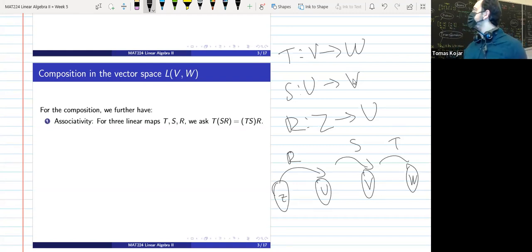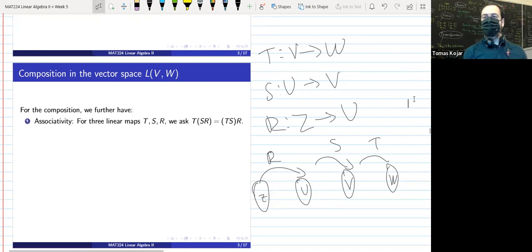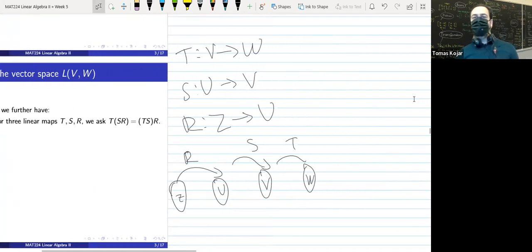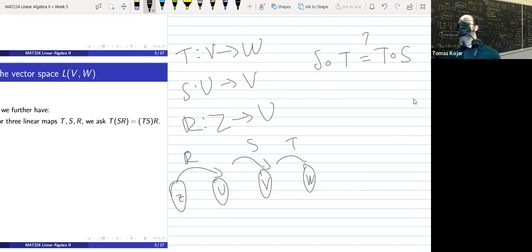Everything is the same as what you've seen in calculus, in how compositions work. So for example, let me ask you a question. It's kind of stupid. Is this true? Can you swap compositions? Can you give me two examples?